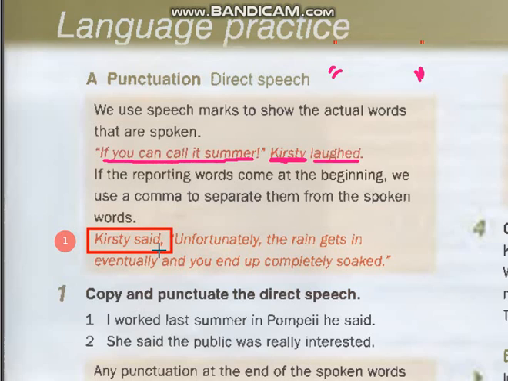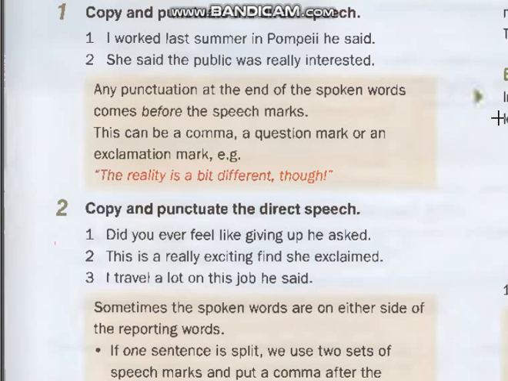We have more than one reporting word, like said, asked, wondered. These we call reporting words. If they come at the beginning, we have to add a comma to separate the reporting word from the spoken word. Let's see the second idea.